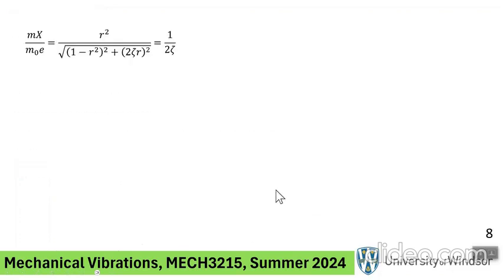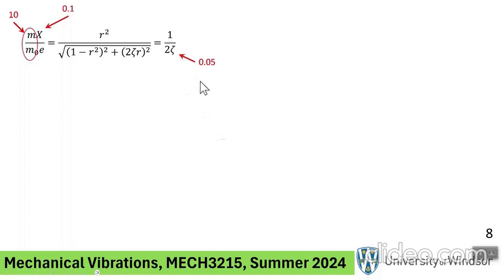So what do we know here? This ratio is 10. Remember I said M naught is 0.1 M. So that means this. We know value of X. You're told that it's 0.1 meter, which is 10 centimeters basically. We know the value of zeta.